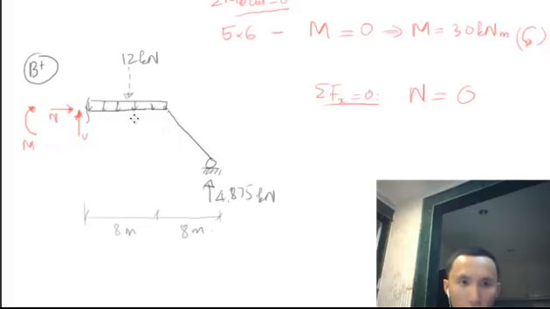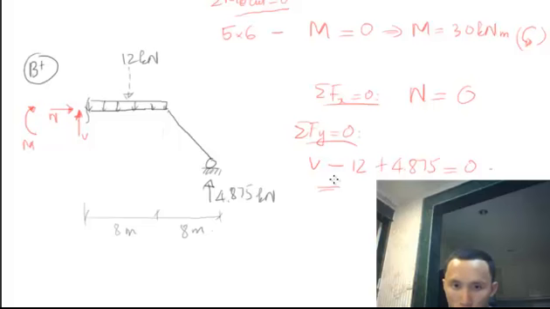Now for V, we have vertical forces, so three forces, one unknown, which is V, so we take sigma Fy equal to 0. We have V positive because up, now 12 goes down, so negative 12, and this one up, so positive 4.875 equal to 0.